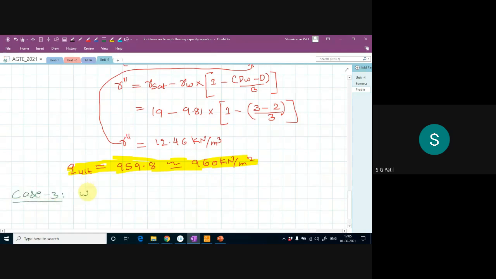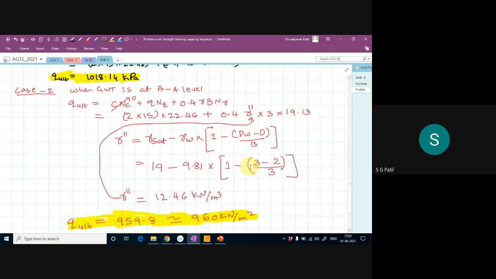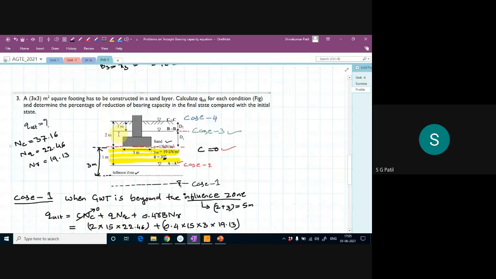So when your groundwater table is at B level. Where is my B level? You see, this is my B level.